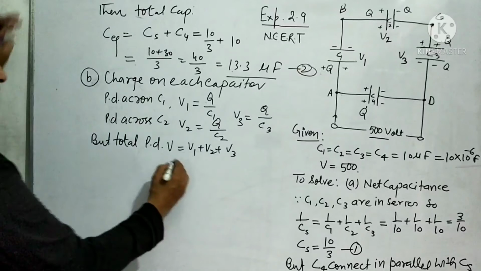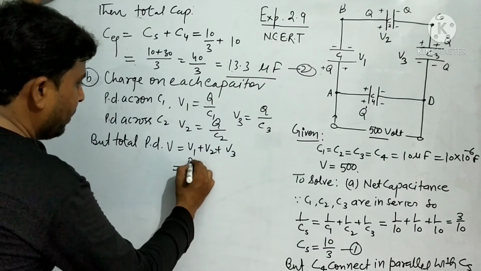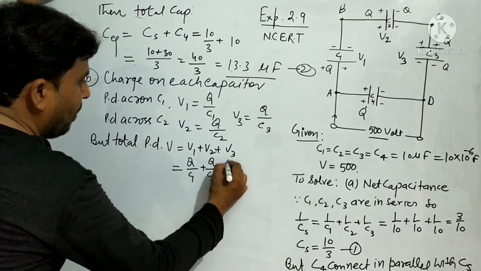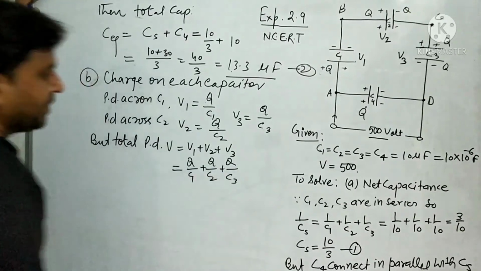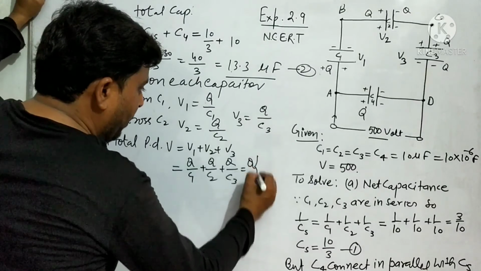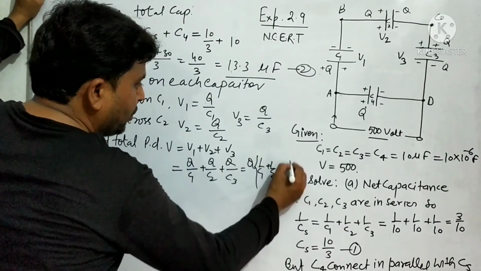So here V equal to V1 plus V2 plus V3, that is Q over C1 plus Q over C2 plus Q over C3. No problem. Equal to Q taking common, 1 upon C1 plus 1 upon C2 plus 1 upon C3.